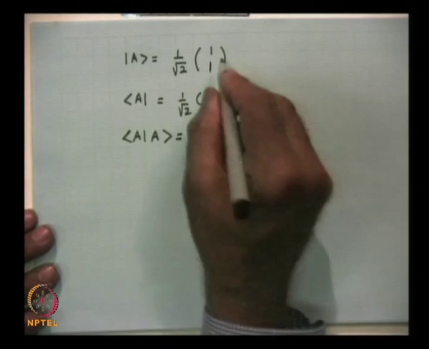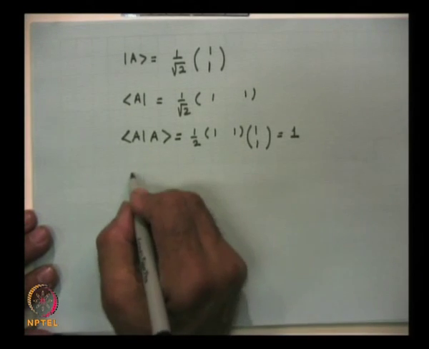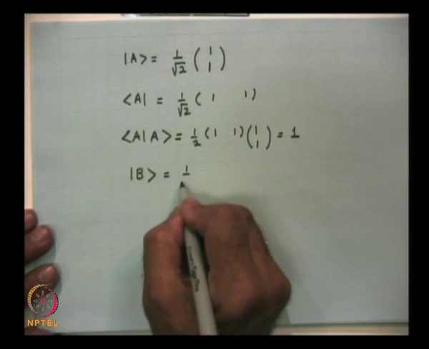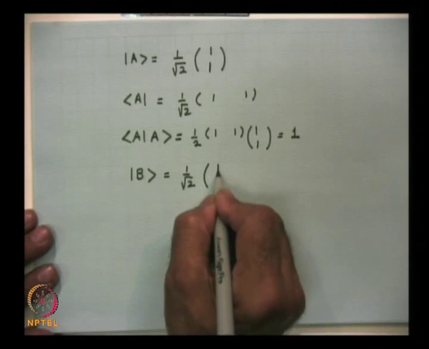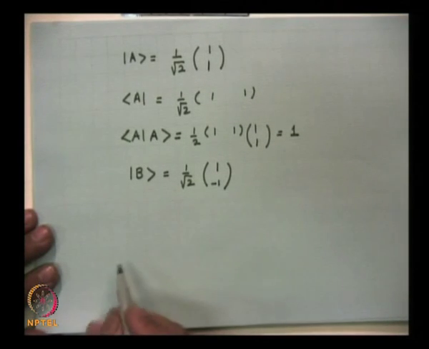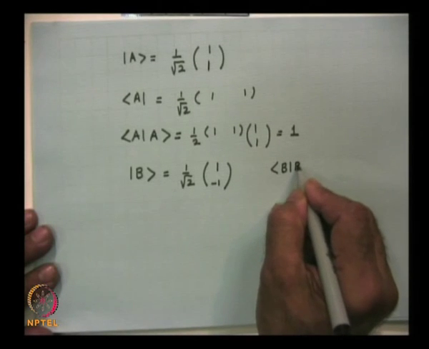So, we say this is a normalized ket. Now, we take another ket B and we write down 1 over root 2 times 1 minus 1. As you can see, this ket is also normalized.